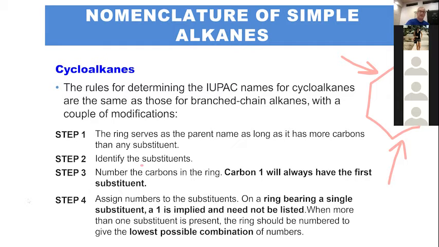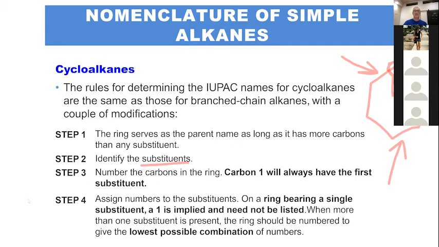Then you identify where the substituents are. If there's only one substituent, we always refer to it being at position 1. If there's more than one, the first one will be at 1, and then you go from there. So you never have something like 2,3-dibromocyclohexane, because the first substituent always has to be at carbon 1.